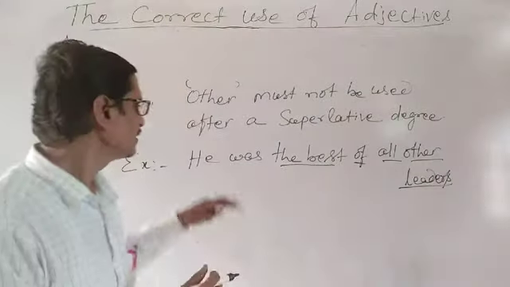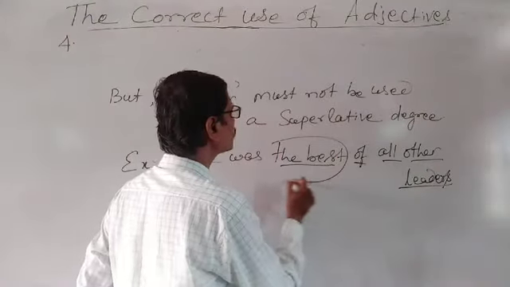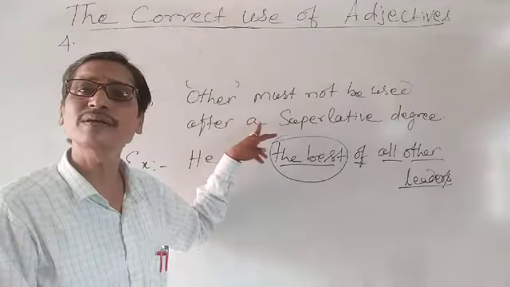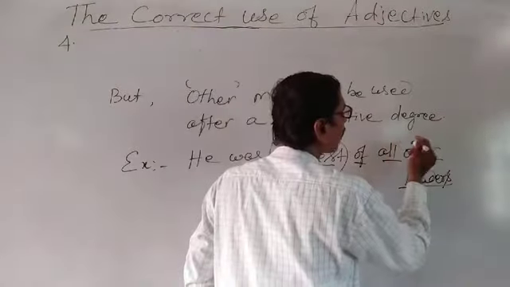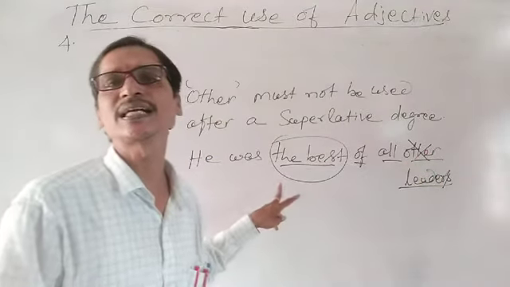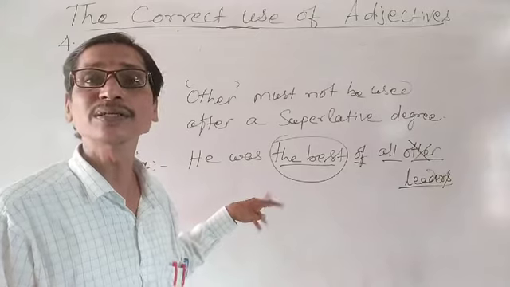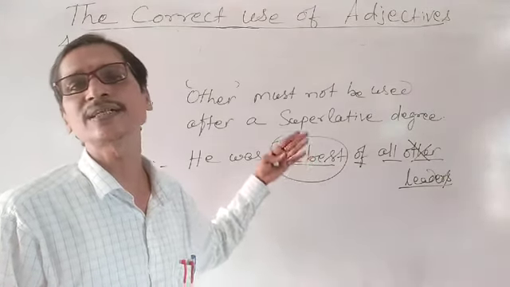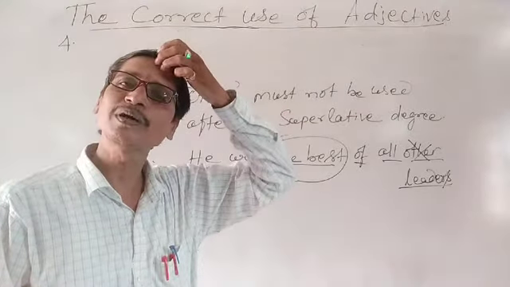Though here we have used the superlative degree, the best, according to the instructions given to us, we cannot use the word other over here. If we use other, then our sentence will be incorrect.